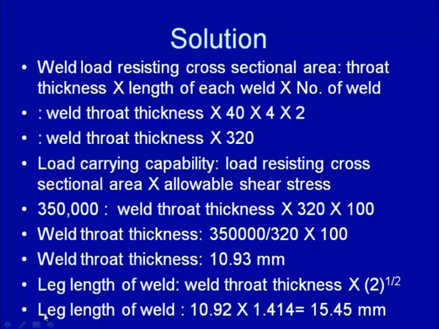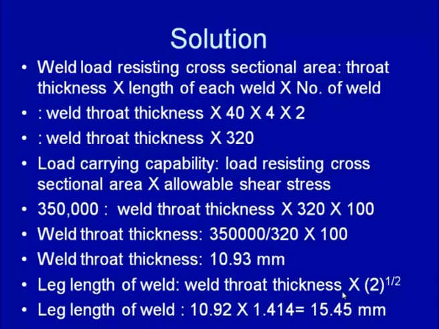So, here the leg length of the fillet weld is equal to 10.92 multiplied by 1.414. So, that becomes equal to 15.45. This is how the leg length of the fillet weld can be obtained. Here, first we have calculated the throat thickness of the fillet weld and then the leg length of the fillet weld.